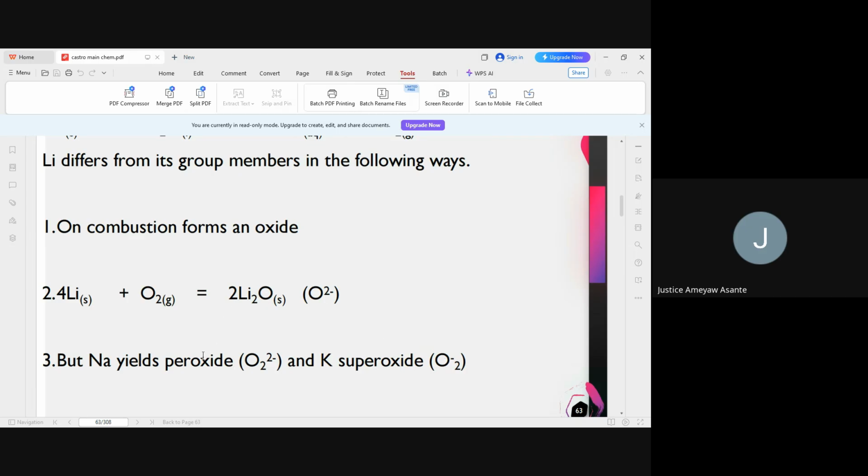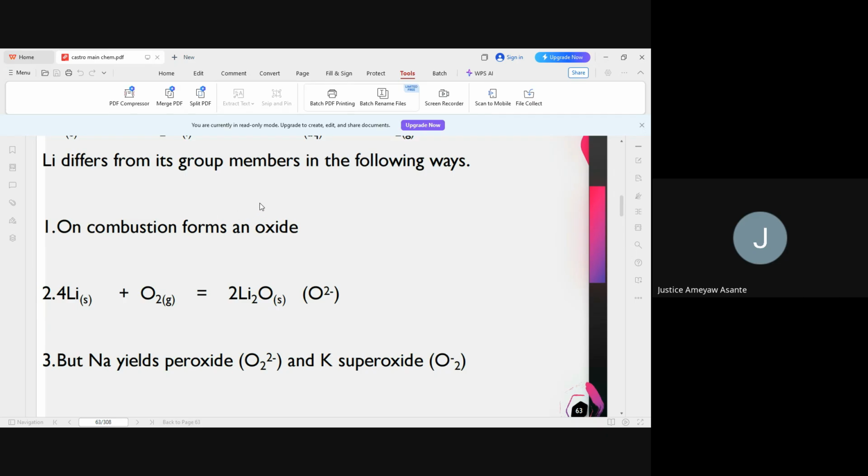Lithium cannot form peroxide, neither can it form superoxide. So it forms only one type of oxide, the normal oxide, in which oxygen shows an oxidation state of -2.